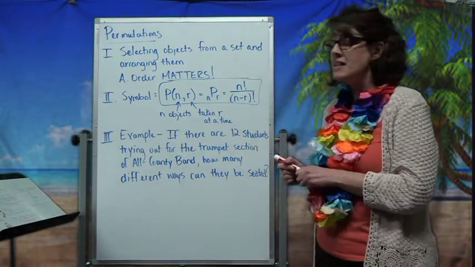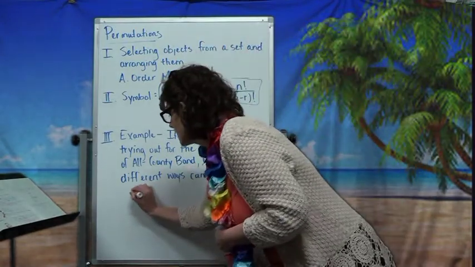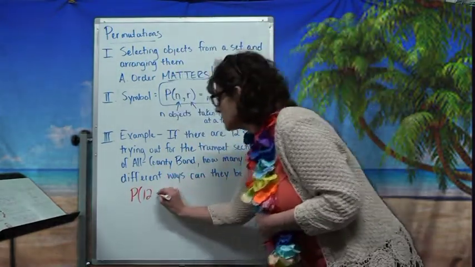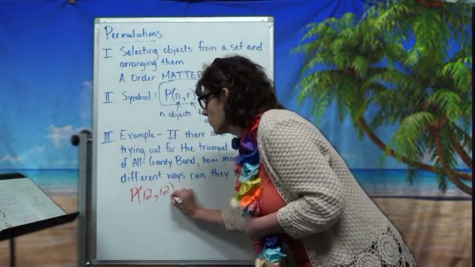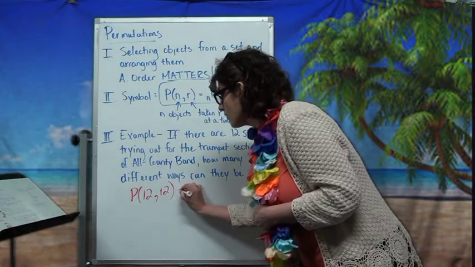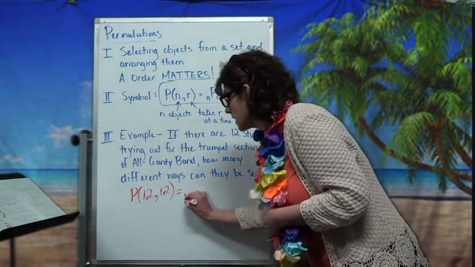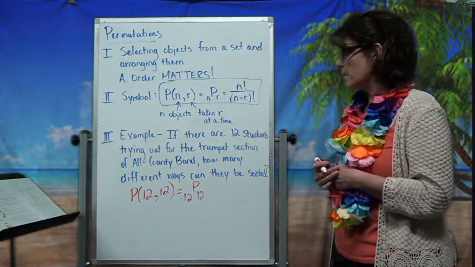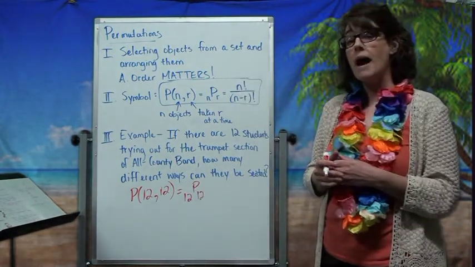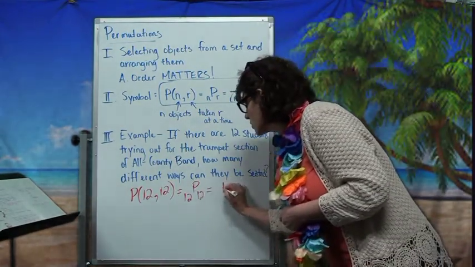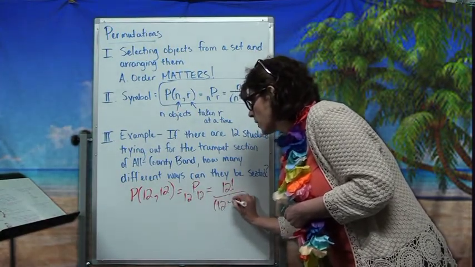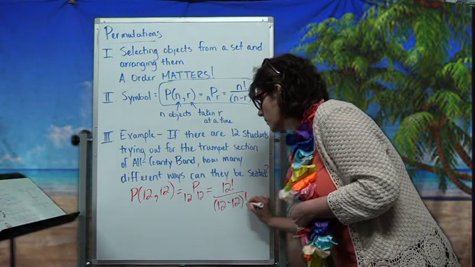So if that's the case, then my permutation says that I've got 12 of them that are being selected. I'm taking all 12 of them at once. And again, a different way to denote that would be to say I'm taking 12 of them, permutation, 12 selected at a time. But what I just described here is the calculation for that says that I'm going to do 12 factorial over 12 minus 12 factorial.